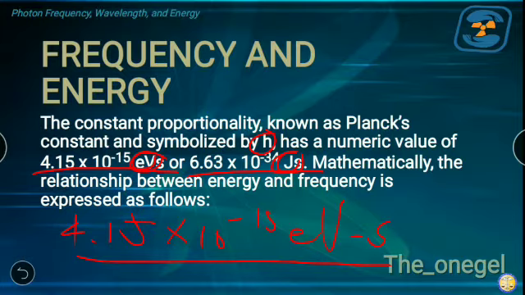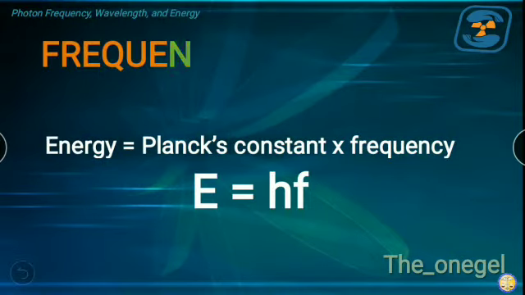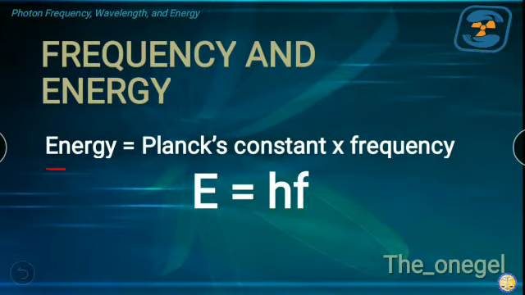Mathematically, the relationship between energy and frequency is expressed as: energy is equivalent to Planck's constant multiplied by frequency, or E equals h multiplied by f.